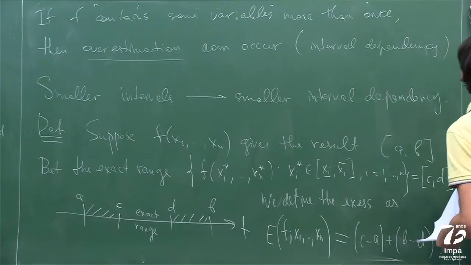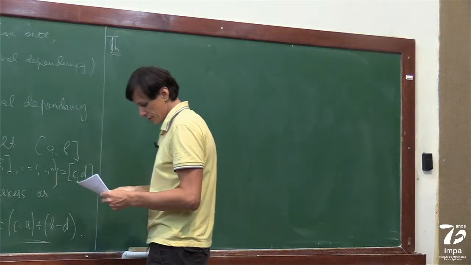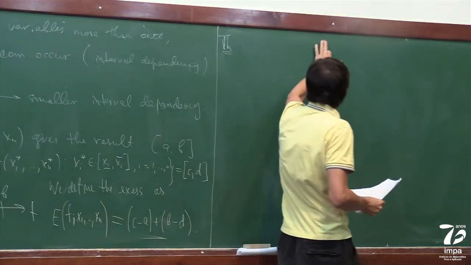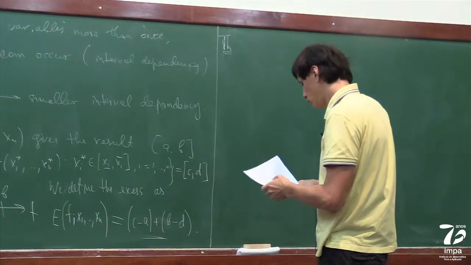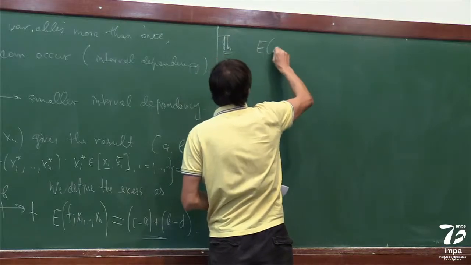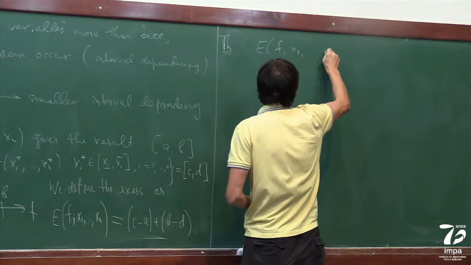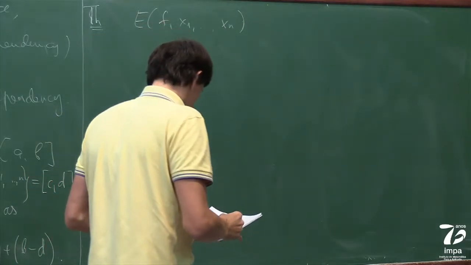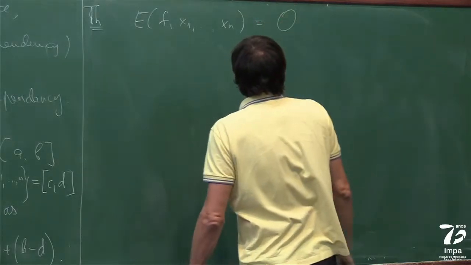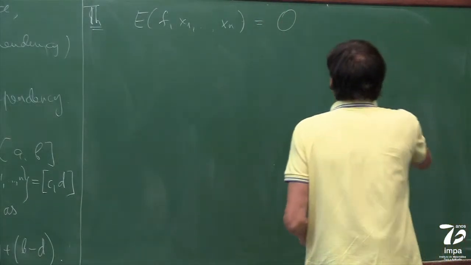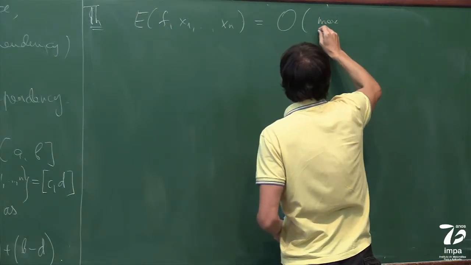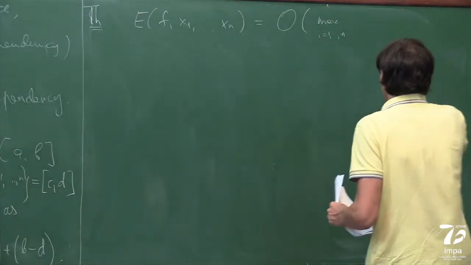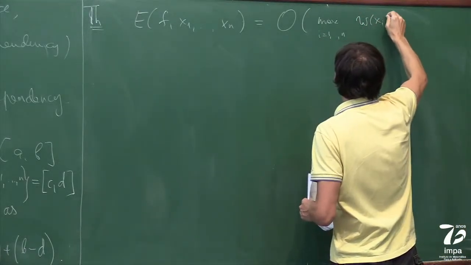So the second theorem is exactly about how to make your method work well. The excess of the function over the given intervals is, at the order of magnitude, big O of the maximum of all the widths of all intervals.